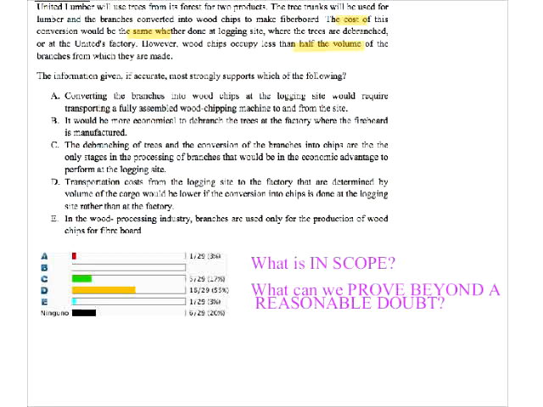Well, let's see what things are not in scope. Transporting a fully assembled wood chipping machine: we have no idea, because the passage doesn't talk about how you would do it at the logging site. The passage just doesn't talk about logistics.